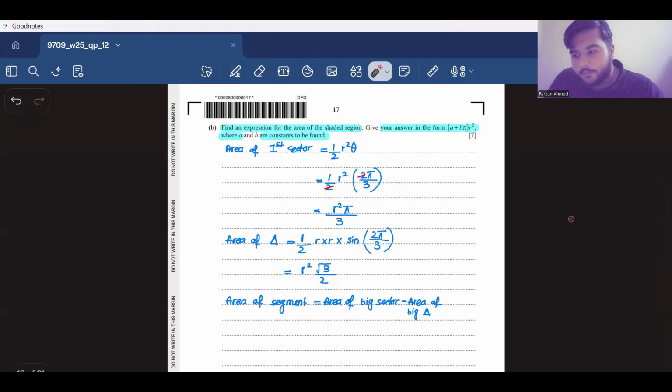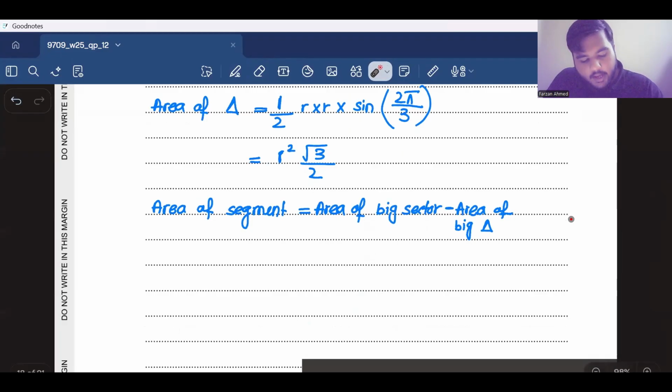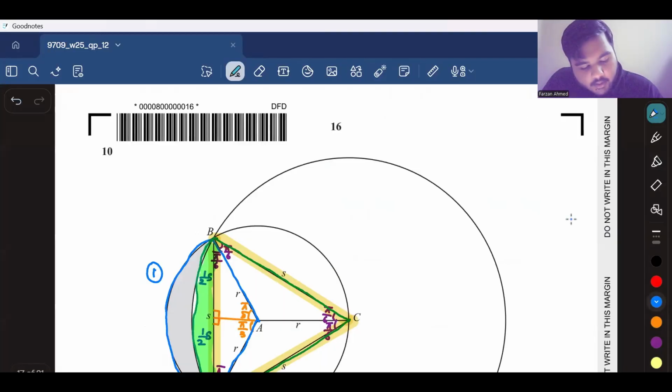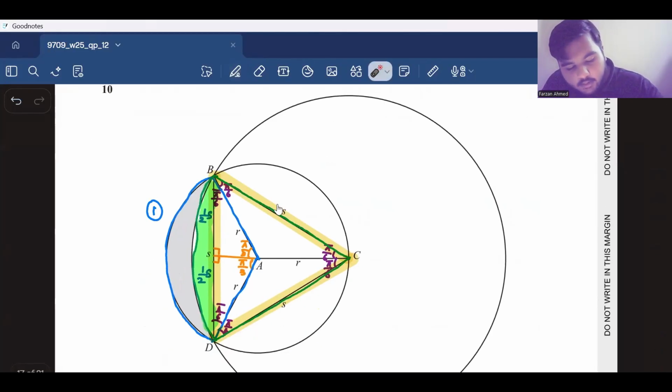what we will do: area of big sector. So area of big sector is 1 upon 2 into r square, where the radius of the big sector is s. This is the radius, this s, of this big sector.